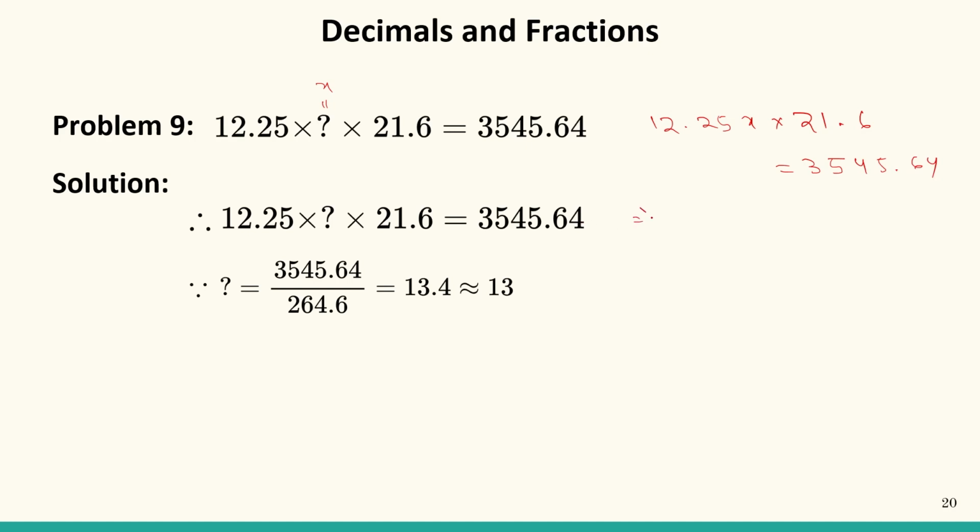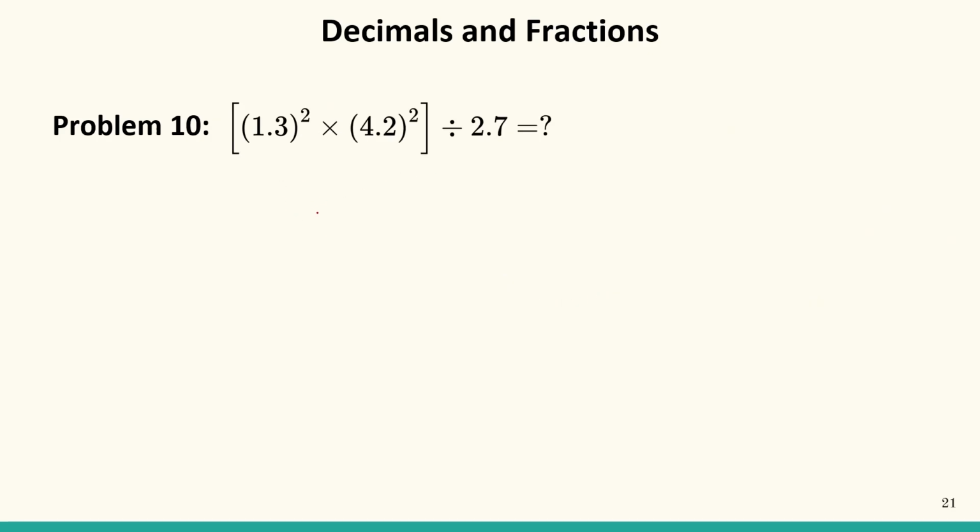This implies that x is equal to 3545.64 divided by 12.25 into 21.6. What it is equal to is 13.4, that is approximately equal to 13. So 13 will be the final answer.